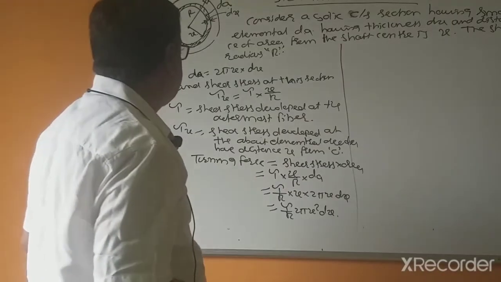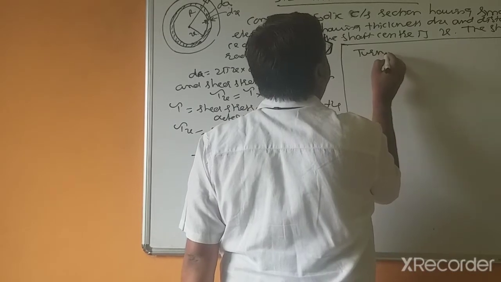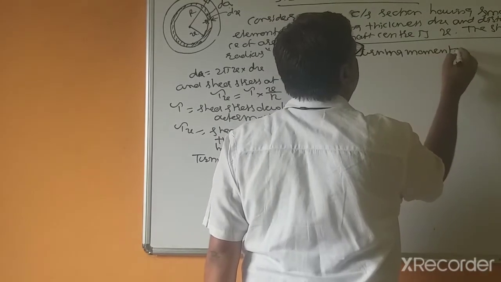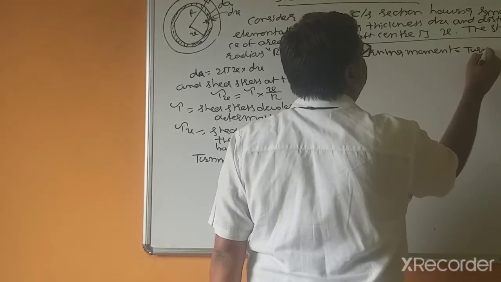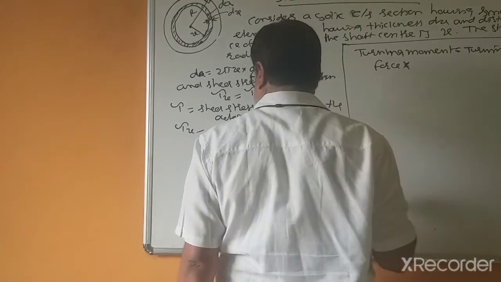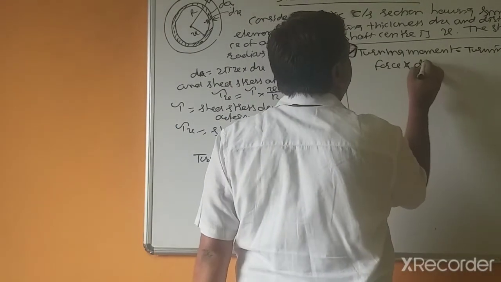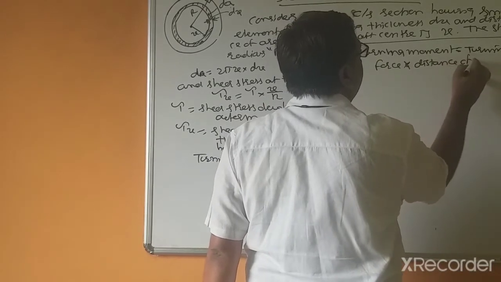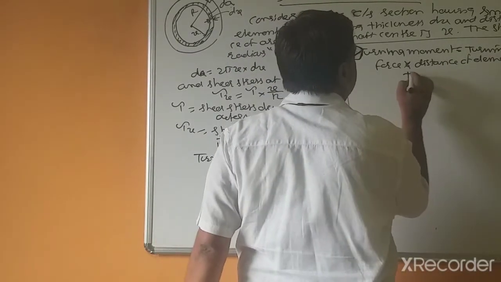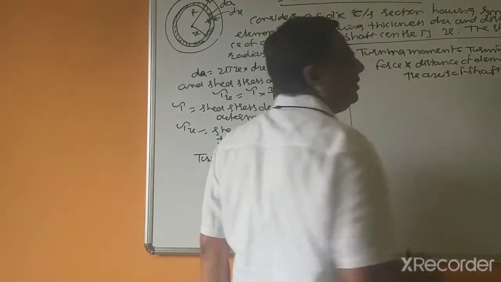So this is the turning force, and turning moment equals turning force multiplied by the distance of the element from the axis of the shaft.